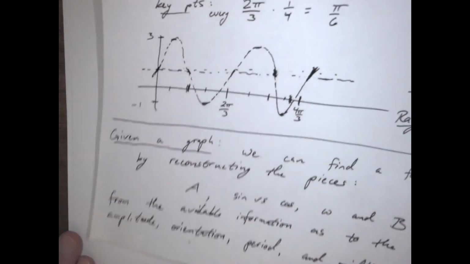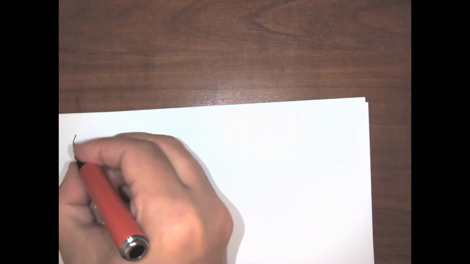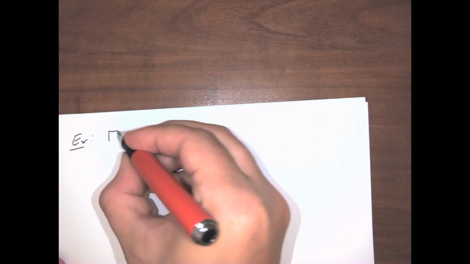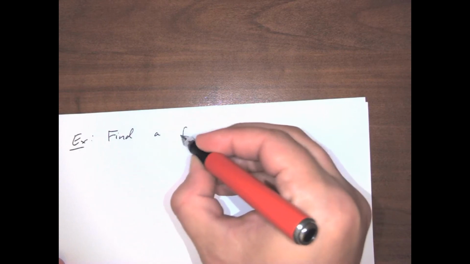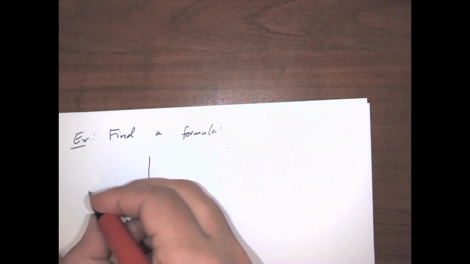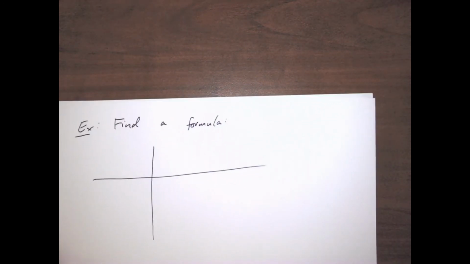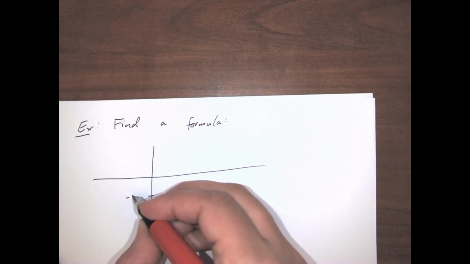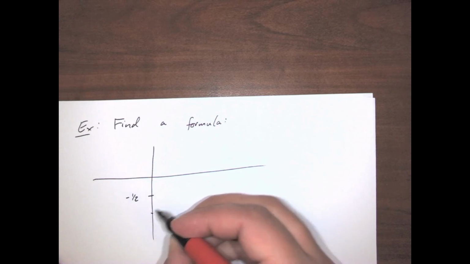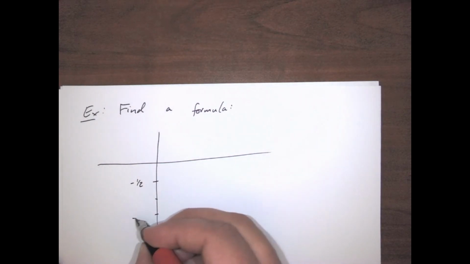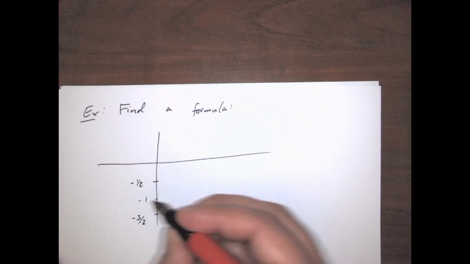So just as a quick example of something like this, let's say that what we had was a graph that's like this. So find a formula. And let's say that we have -1/2, and then other important information, -3/2. The midline would be -1 then.